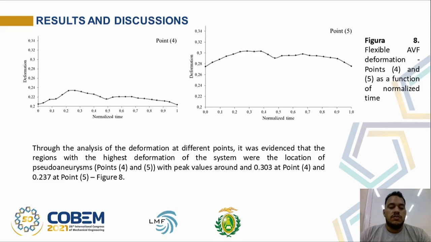Through the analysis of the deformation at different points, it was evident that the regions with the highest deformation of the system were the location of the fistula puncture, points 4 and 5, with peak values around 0.303 at point 4 and 0.237 at point 5, Figure 8.